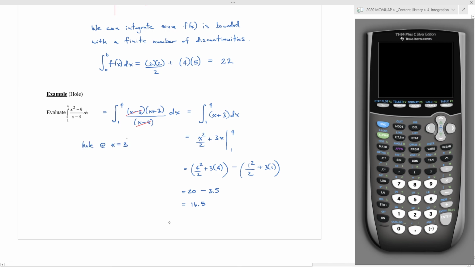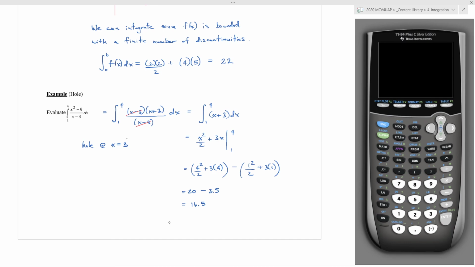Well, 3 is in between 1 and 4. But since it's only a hole, not a vertical asymptote, I can still integrate that function as if the hole wasn't even there. So I find the antiderivative of x plus 3, which is x squared over 2 plus 3x.